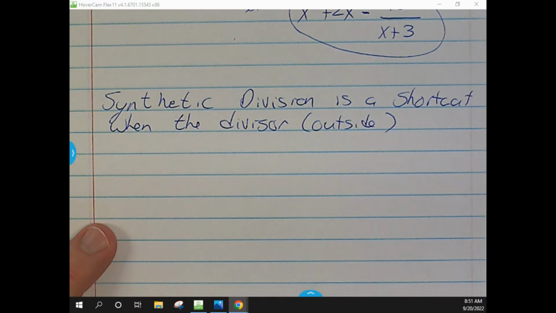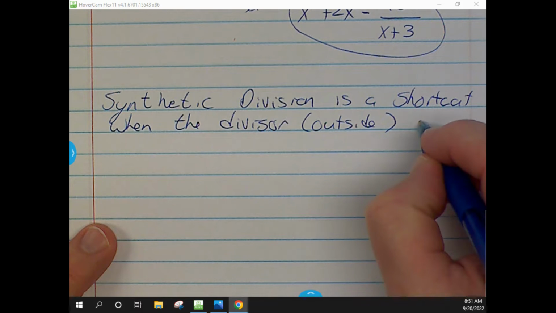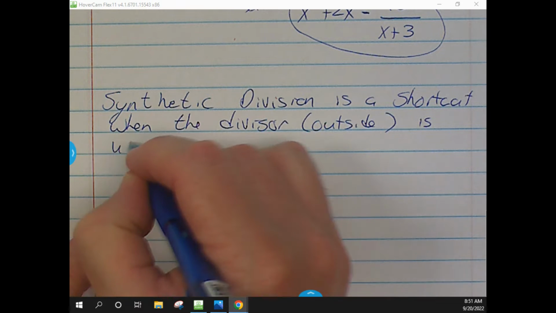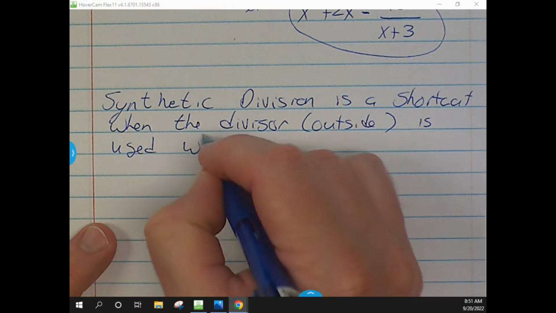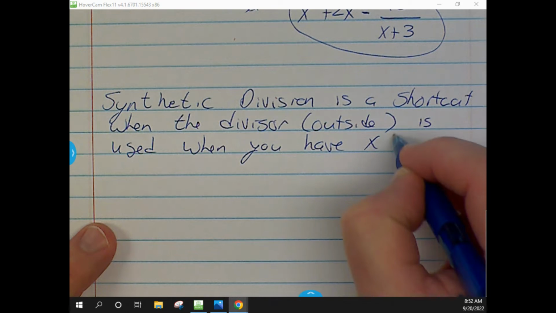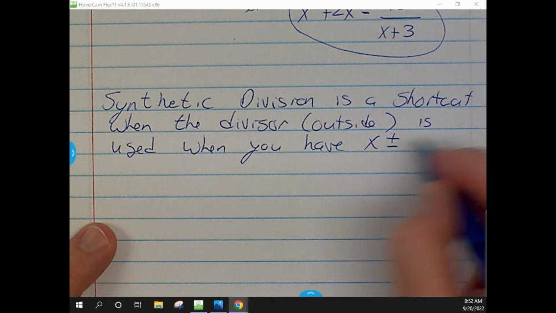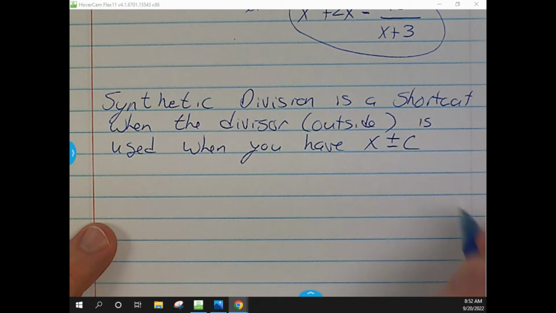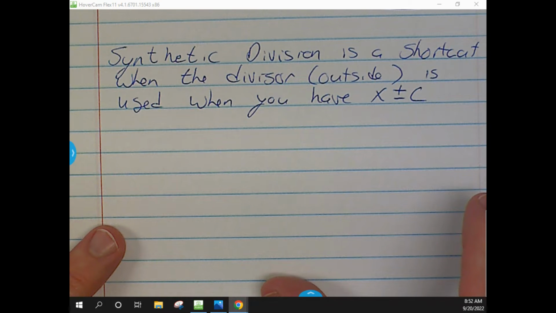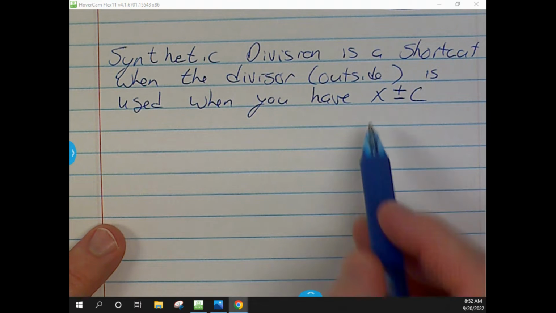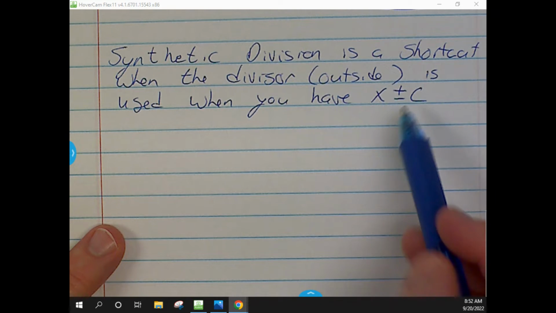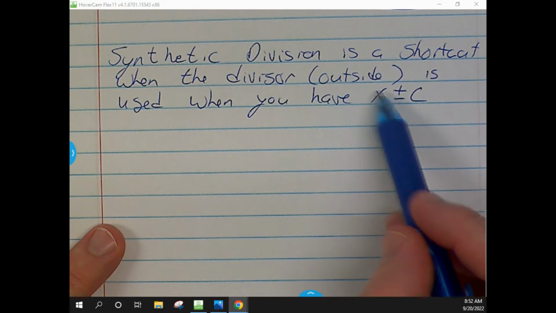In that case, that was the x plus 3. You can use it when you have x either plus or minus some constant. So basically your x term has a coefficient of 1. If you've got x plus 3 or x minus 5 or anything like that, it's fine. The main thing is that your x has a coefficient of 1.